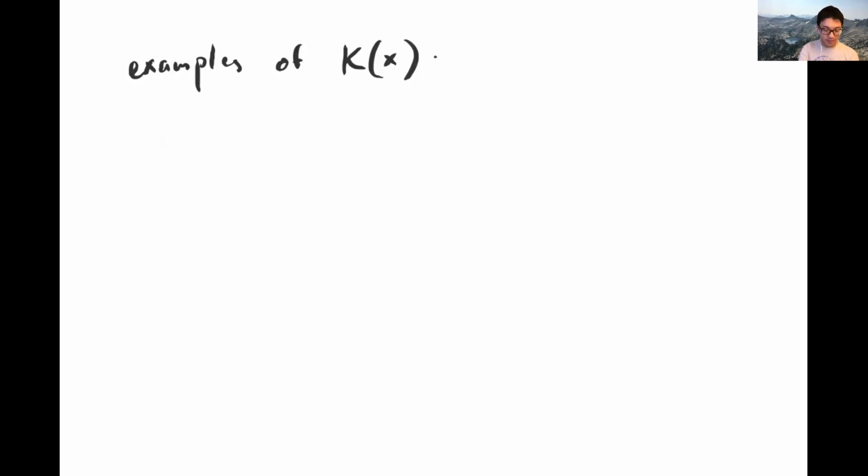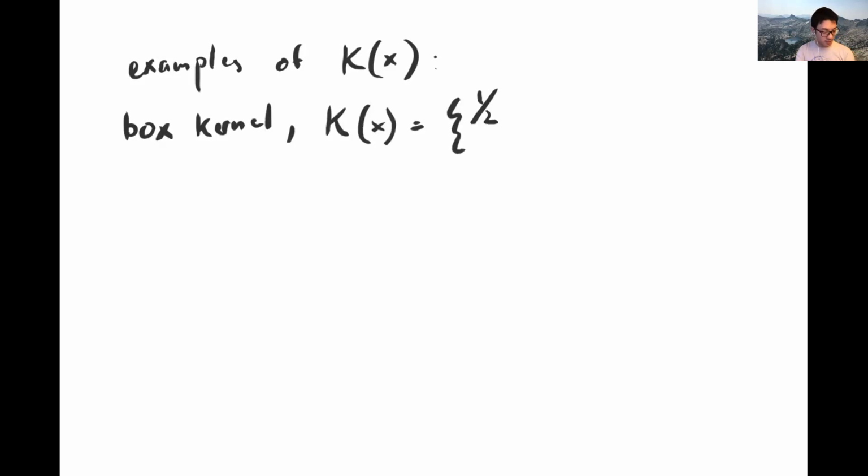You've got what's known as a box kernel. So k of x is equal to, and this is a pretty common one, 1/2 if x is less than or equal to 1, and then 0 otherwise.